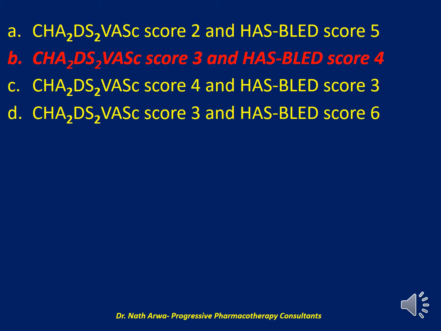Now, when calculating the HAS-BLED score, a patient's systolic blood pressure needs to be above the 150 millimeters of mercury mark to receive 1 point for hypertension.